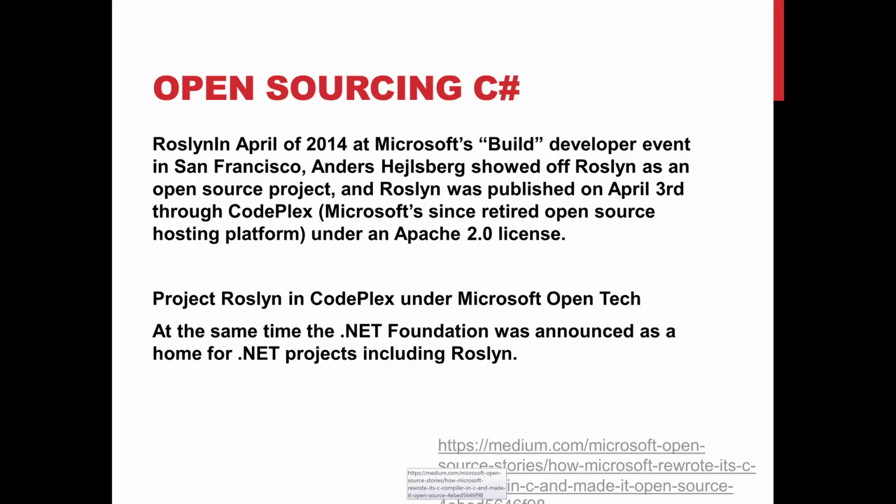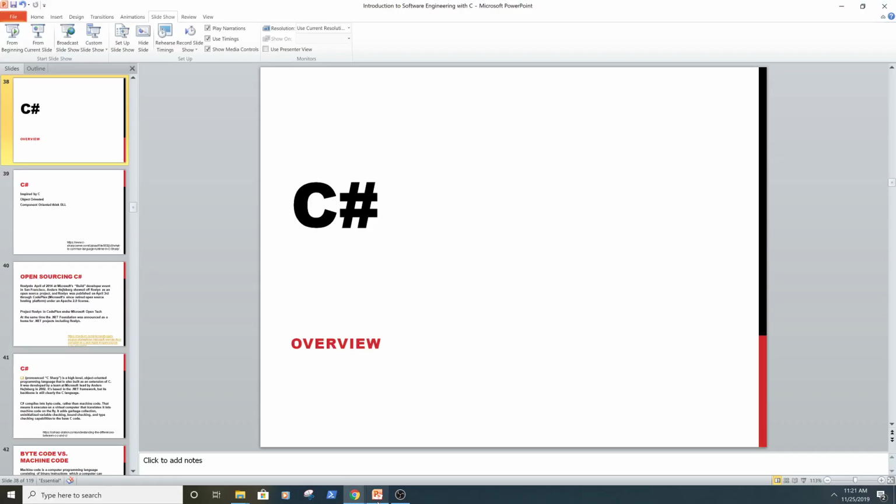Because we'll get back to .NET Core in a little bit as we start to talk more about the C# library. But basically, Microsoft had a project, Roslyn.